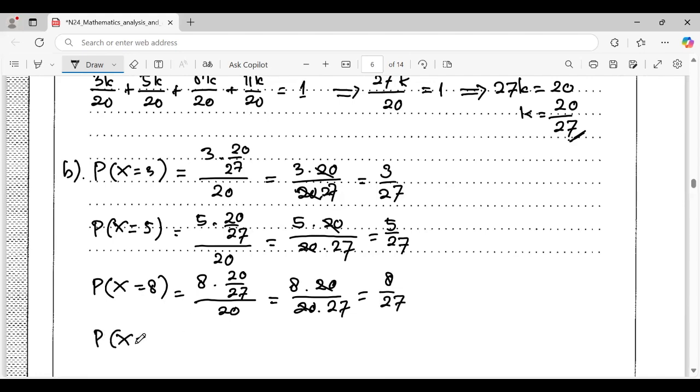And if x equal 11, 11 times 20 over 27 over 20 is equal 11 times 20 over 20 times 27, 11 over 27. That's one.